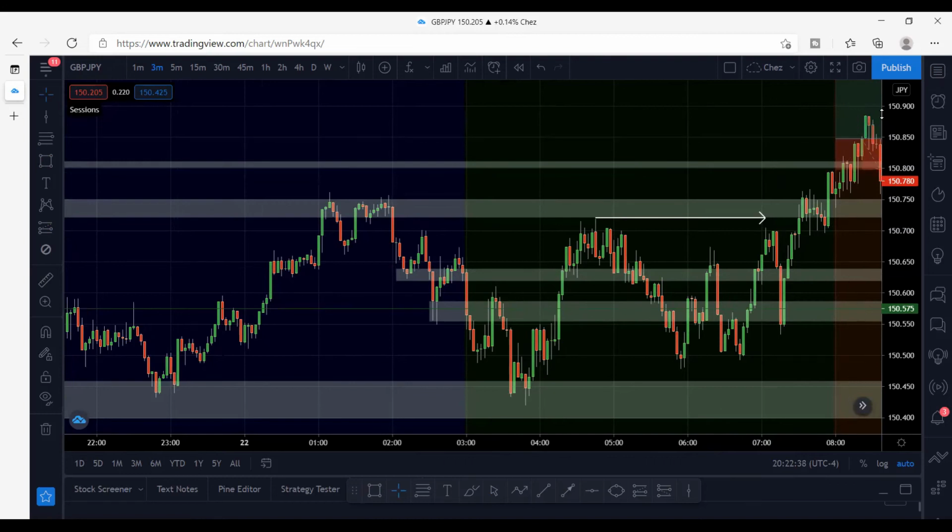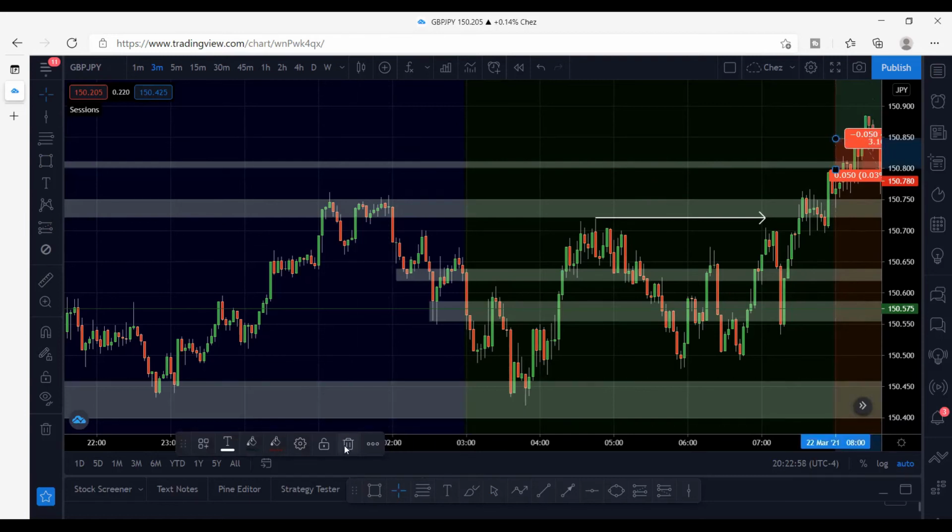This could have just been a fake out. And you see, one of the weirdest things about testing this way is that you don't know what's happening on the higher time frame, because this could have been a 4 hour resistance or something like that.